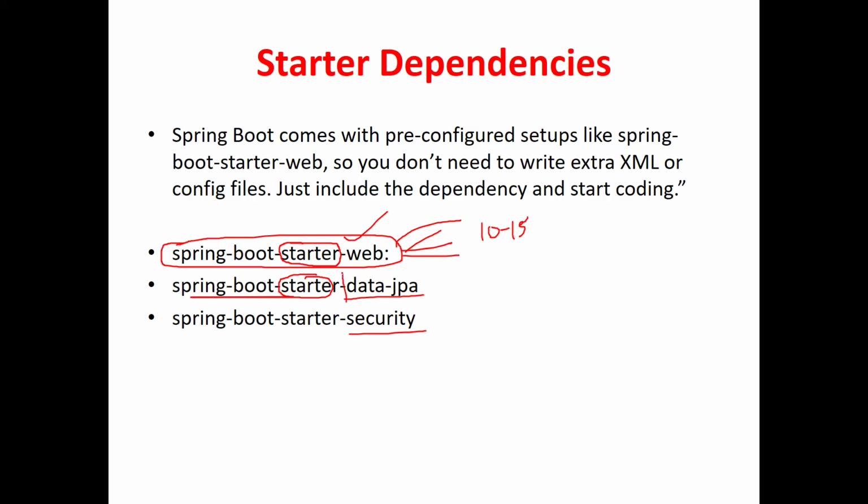If you are writing data-jpa, all database dependencies will be downloaded. With security, every security dependency will be available to you. If you are not writing these dependencies, if you are missing these three, by default this starter will be available. Have a look here.